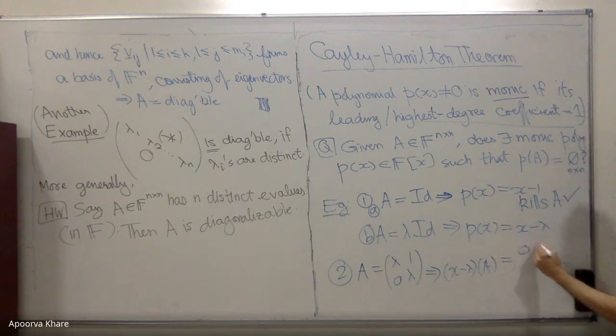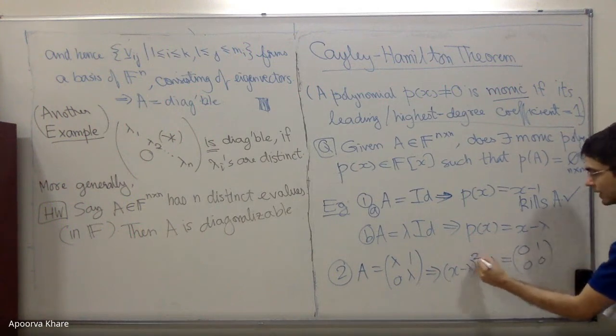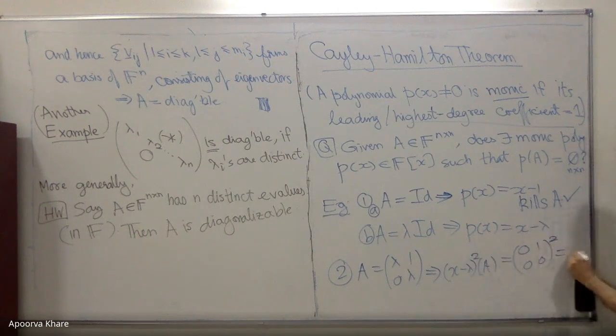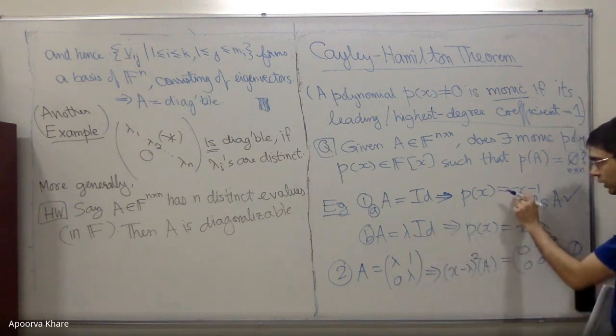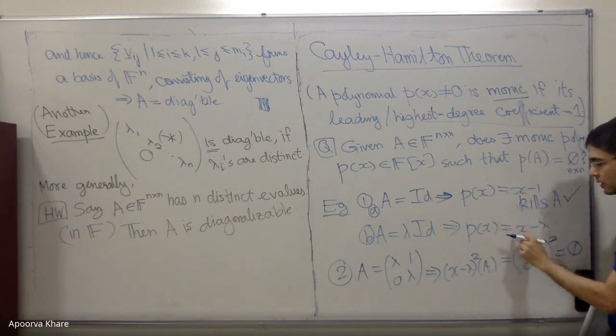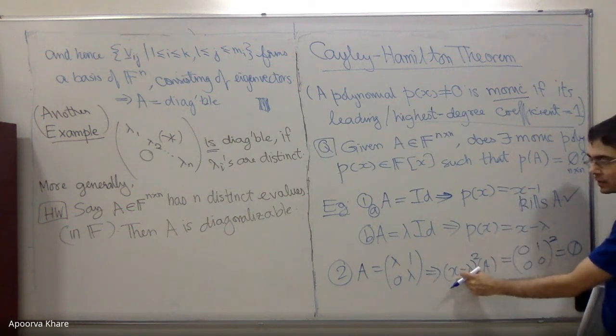You get 0, 1, 0, 0. But the point is, if you square this matrix, you get 0. So if you take x minus lambda squared, then you get 0. So great. And we are finding all these non-zero monic polynomials. The top degree term is 1 times x, 1 times x squared.